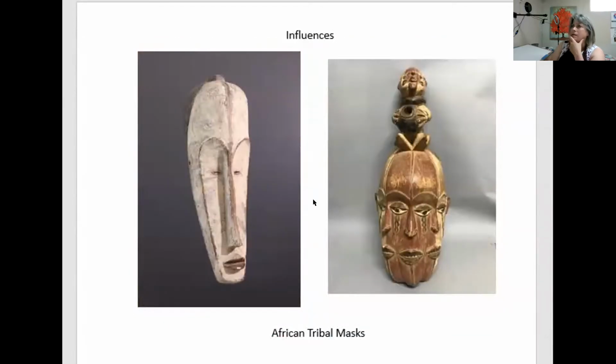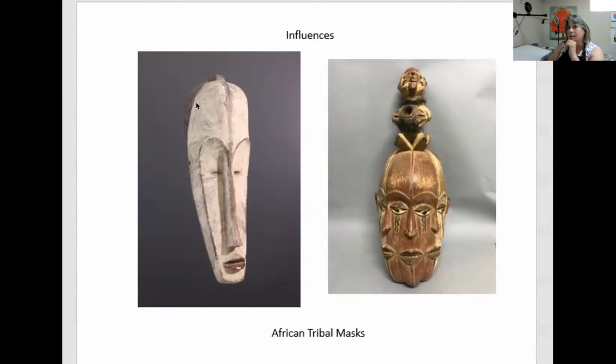There was in Paris, where they were both living at the time, an exhibition of African tribal masks in, I think it was 1907. And they both saw this and were both really, really inspired by it, but in different ways.